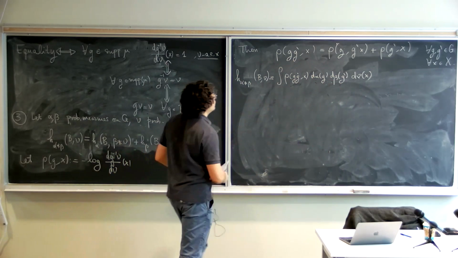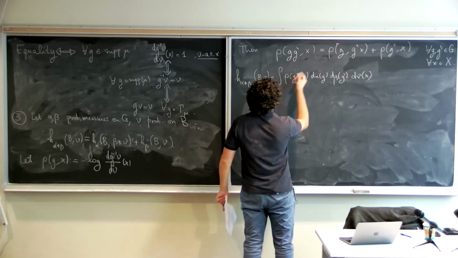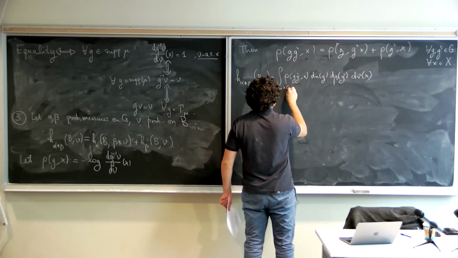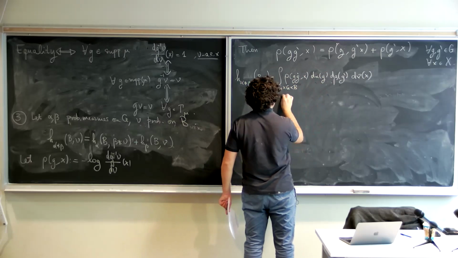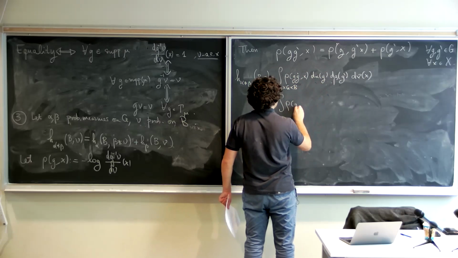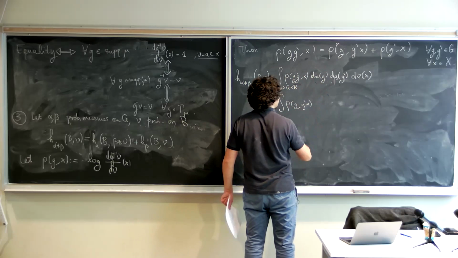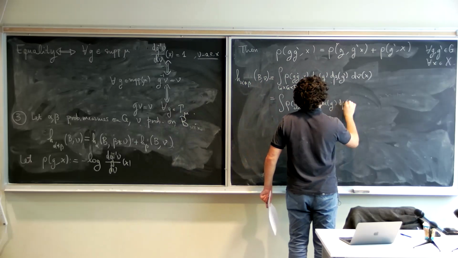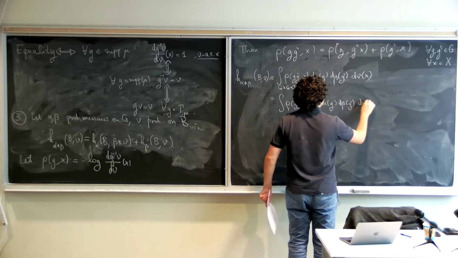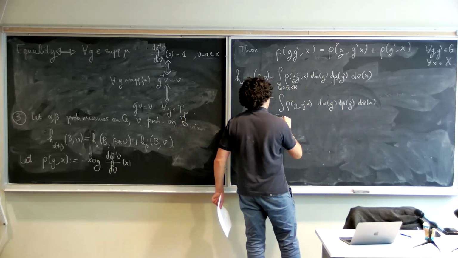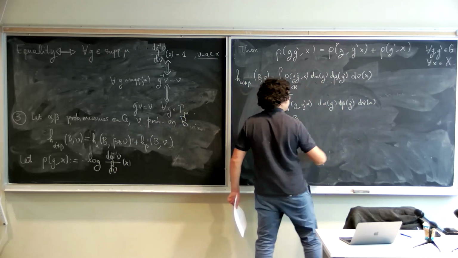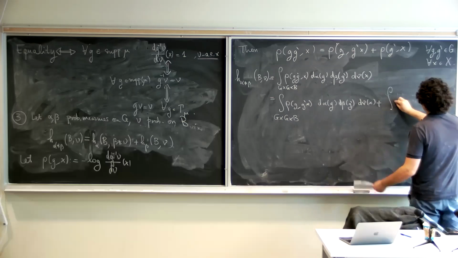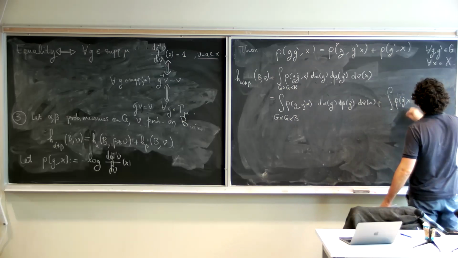And then we can just do the computation here. This is, of course, the integral over G times B. And now we do the integral of rho G prime x d alpha G d beta G prime d nu of x, again G times B, plus the integral of rho G prime x.